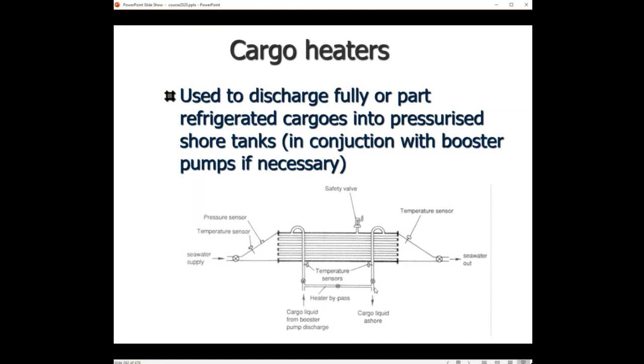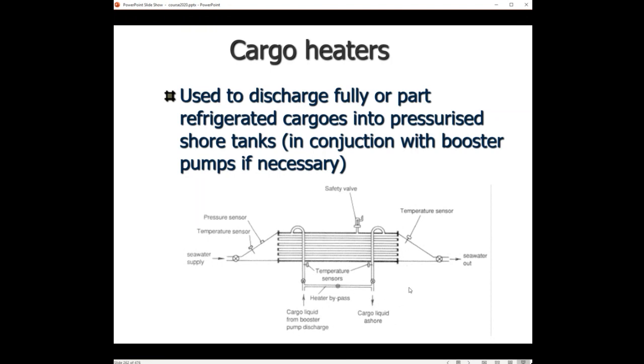That means that you cannot send negative temperature towards the shore. Let's assume that the minimum temperature allowable for the cargo to the shore is -5 degrees. What is coming out here is always +5 degrees or even warmer than that.